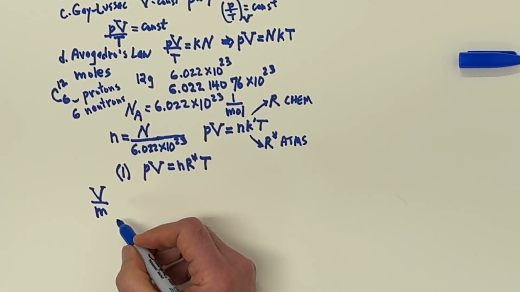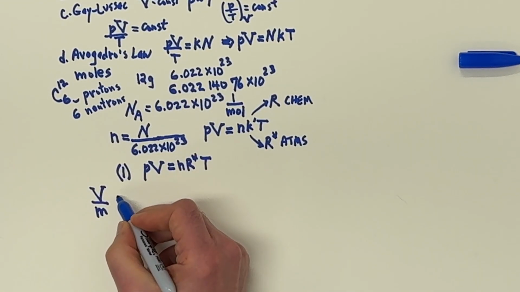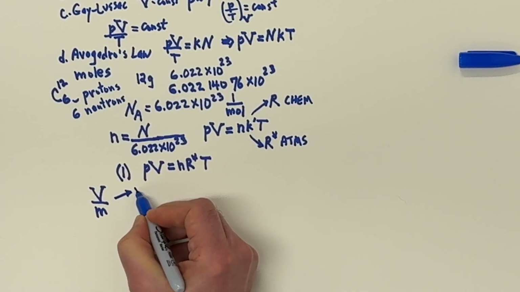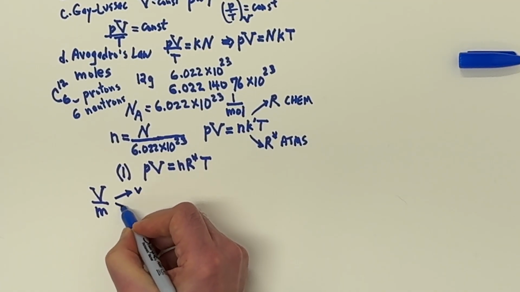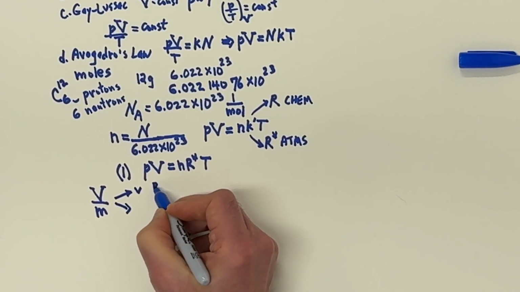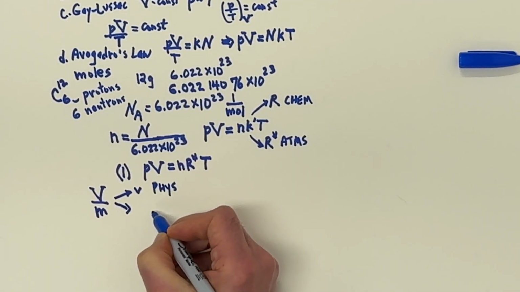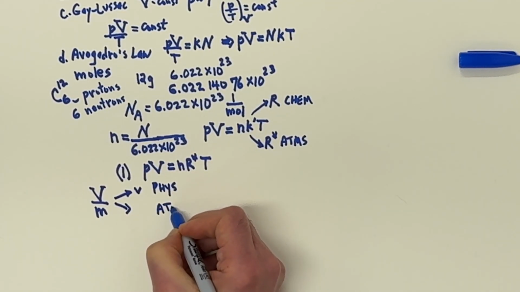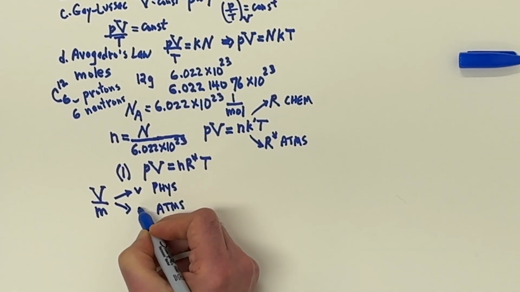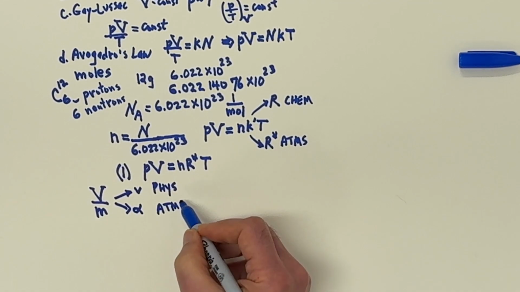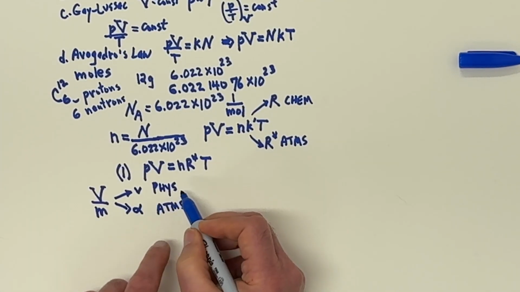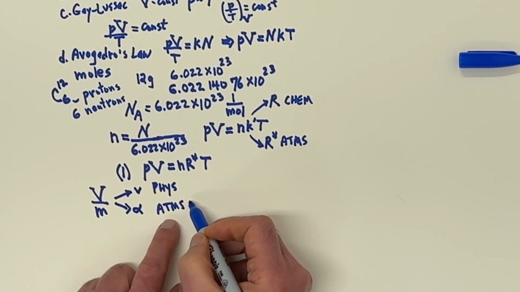From the point of view of a physicist, one might use a little v for that, but the atmospheric scientist, ATMS here, prefers to use alpha because they want to reserve v for something else. V is for vapor, and vapor is very precious in atmospheric science.